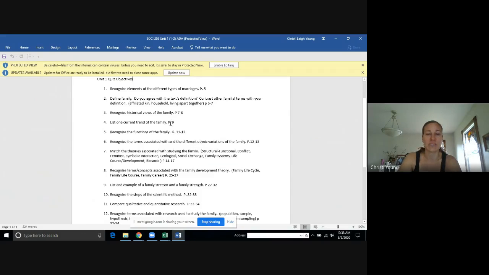So specifically this unit is, and you look at also the assignments, we're looking at what is family, what are functions of the family, trends of the family. These are things that are coming up in multiple places. Okay, so make sure that you are checking those out and using those for your benefit.